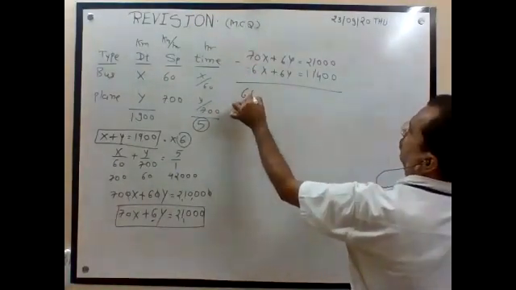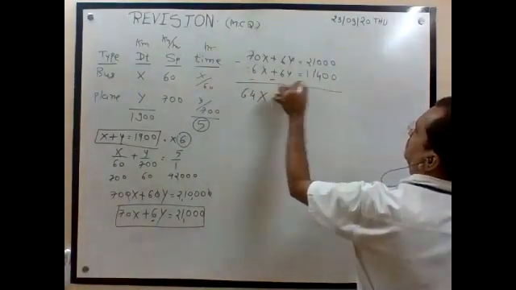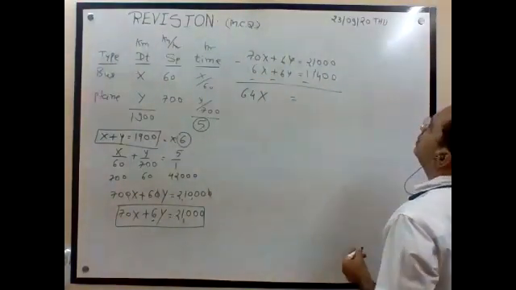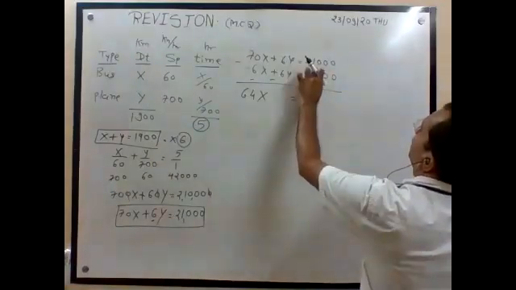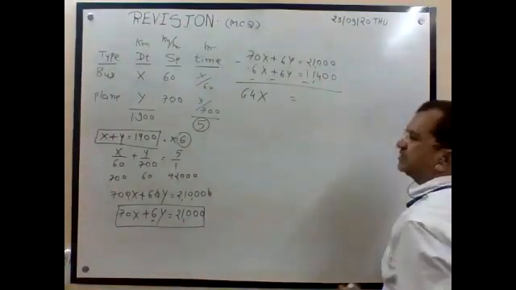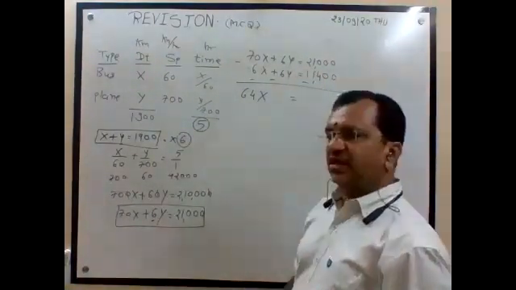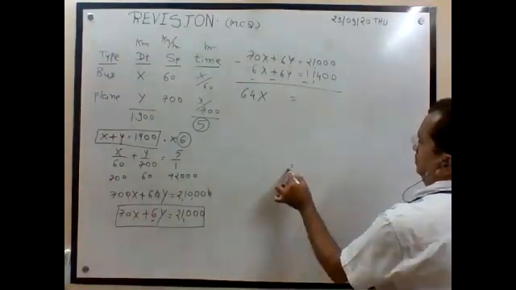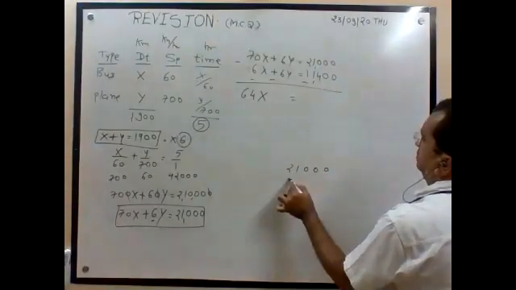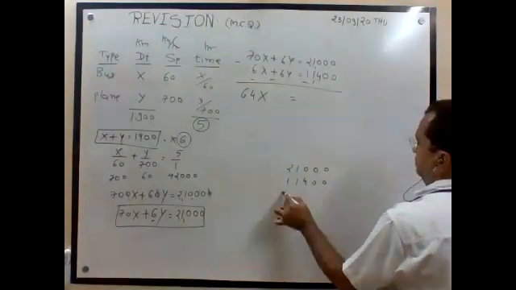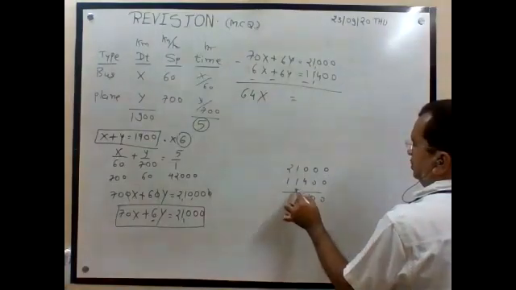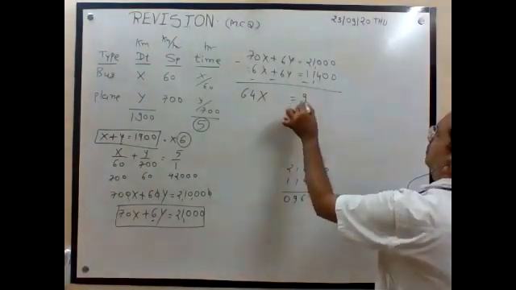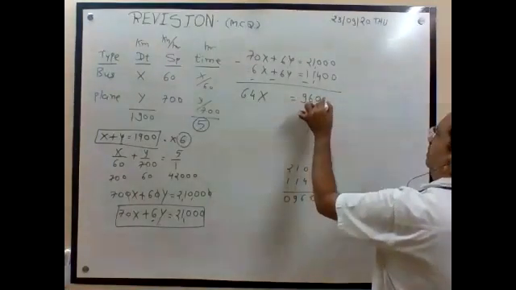So this will be 64x. This will be 0. 21,000 minus 11,400, so 9600.